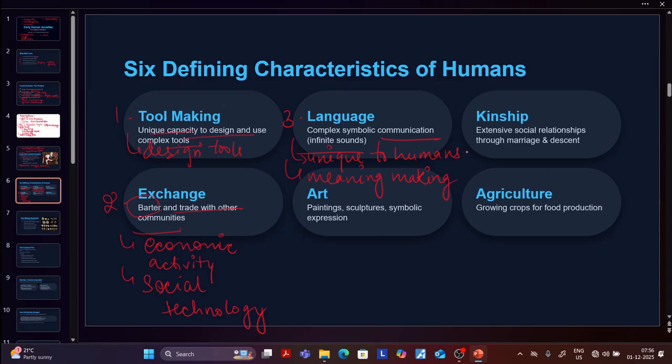Fourth, art, painting, sculpture, symbolic expressions. This is perhaps the clearest marker of symbolic consciousness.